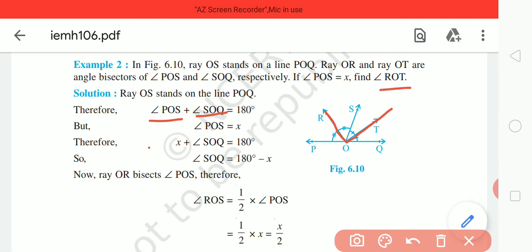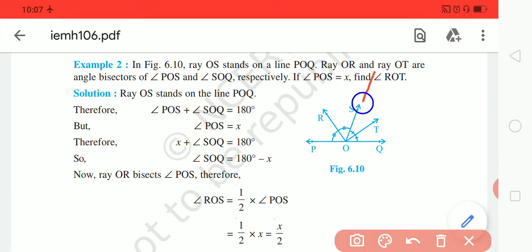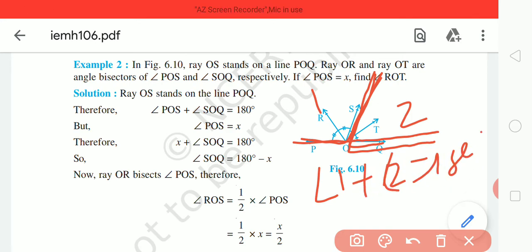Since OS is the ray and this is the line segment, if I take angles 1 and 2, POS and SOQ, the sum will be 180 degrees.